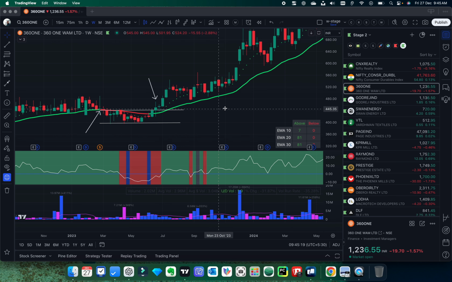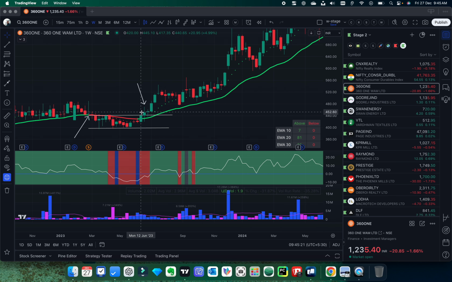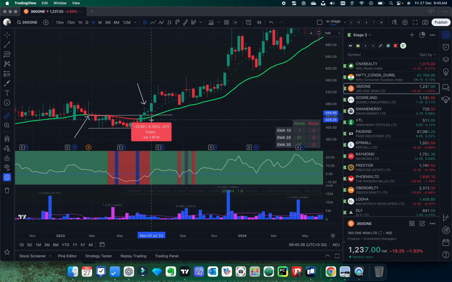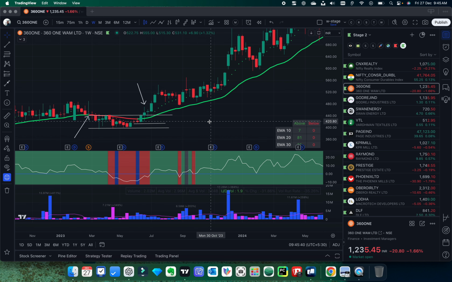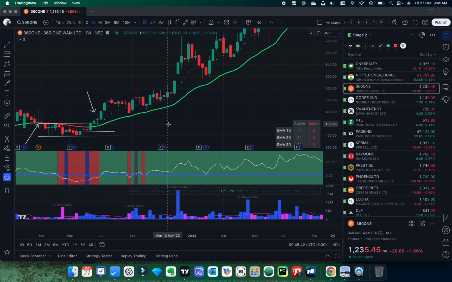So we take this entry here, and let's say we keep the stop loss here below the candle. Approximately what will be the stop loss? Around 5 to 10% stop loss we will have to keep.